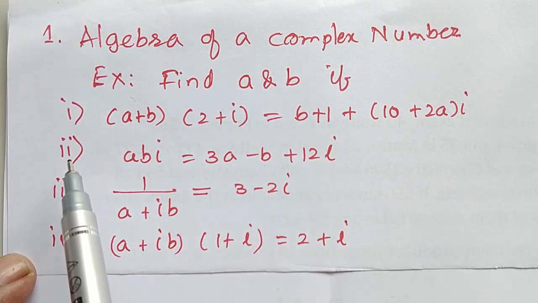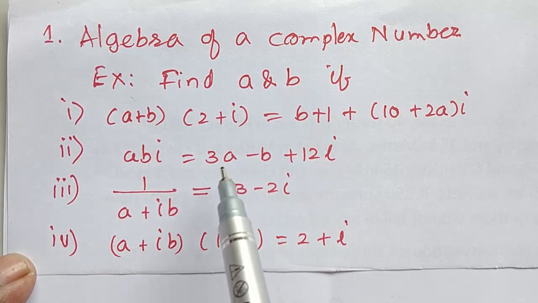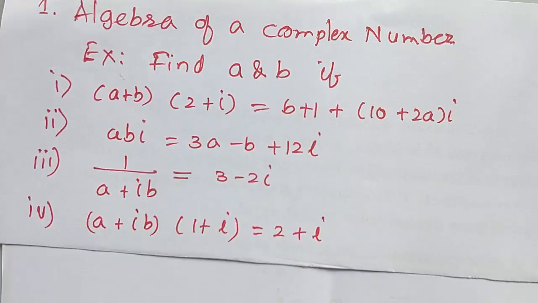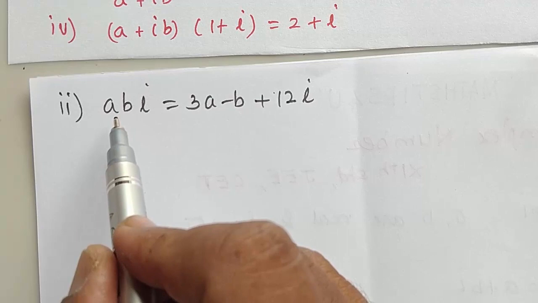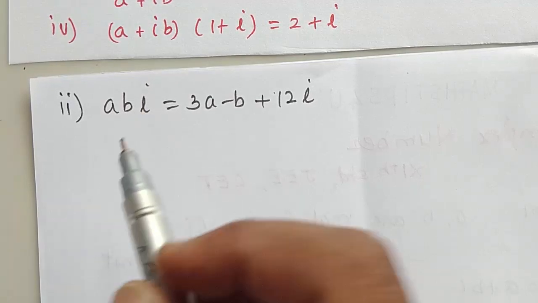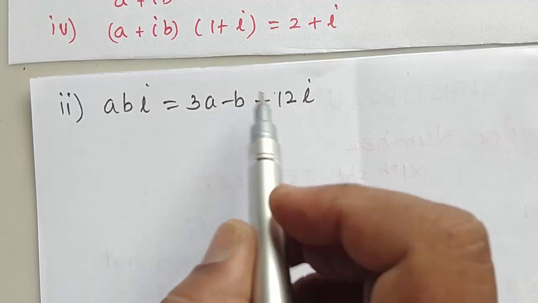Next example, example number 2. a into b into i is equal to 3a minus b plus 12 into i. Now, left hand side a into b into i and right hand side 3a minus b plus 12i.